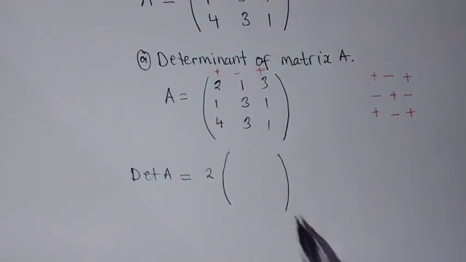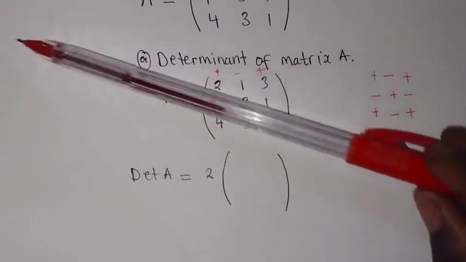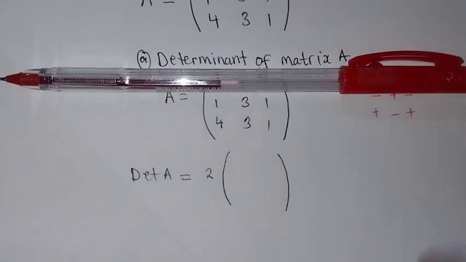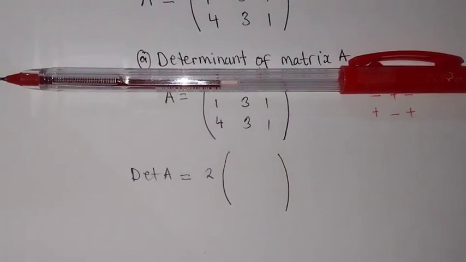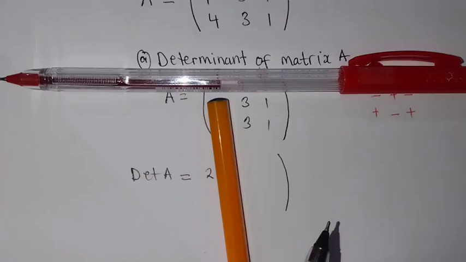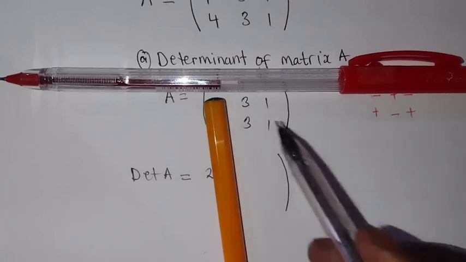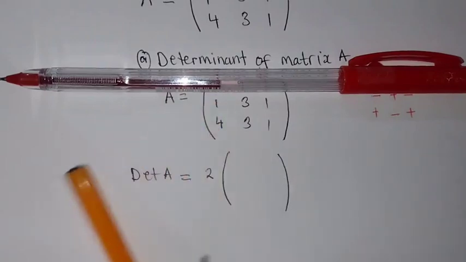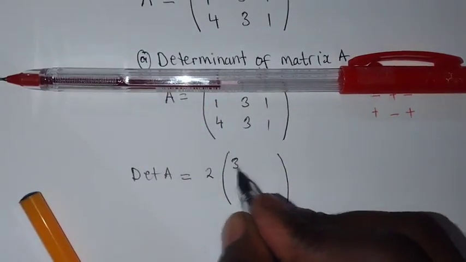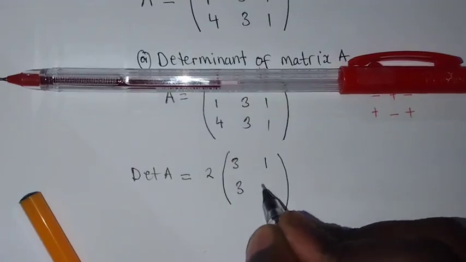Then on 2, we are going to cover the entire row where 2 is, and we are going to cover the entire column. So the entire column is right here. So we are remaining with 3, 1, 3, 1. That is what I'm going to write here. So we write 3, 1, 3, 1.